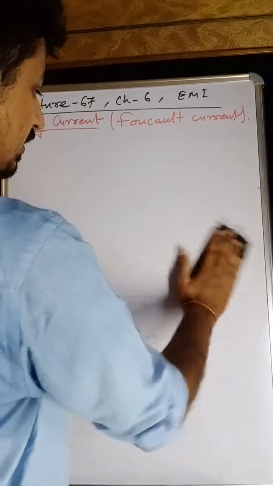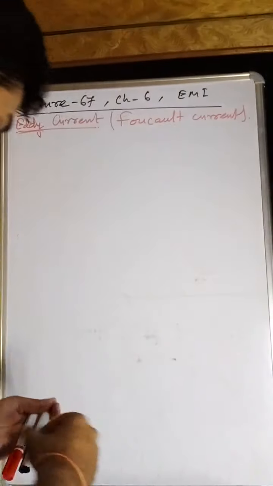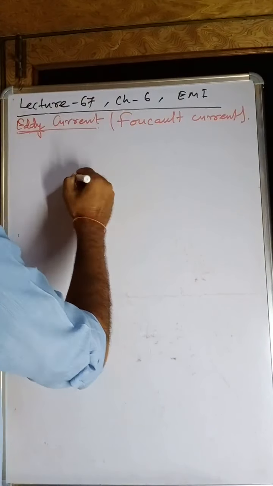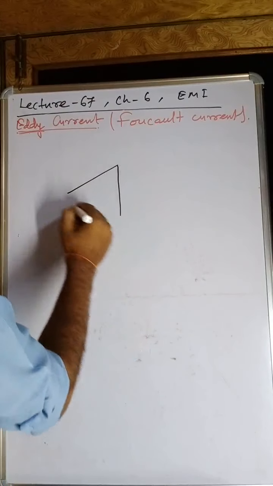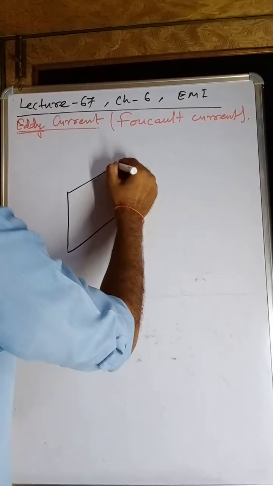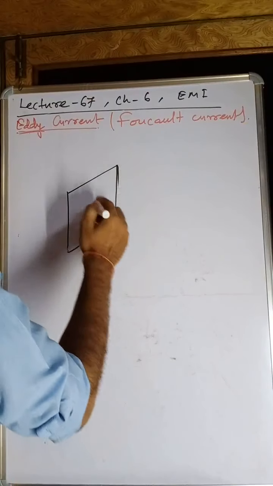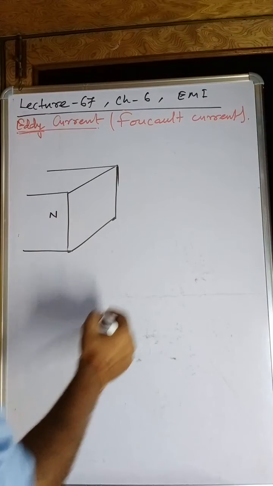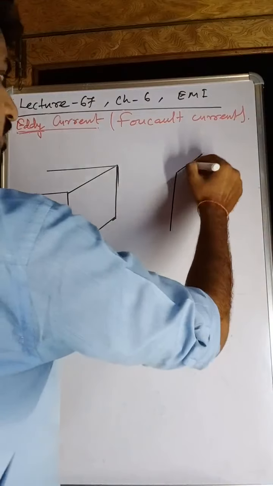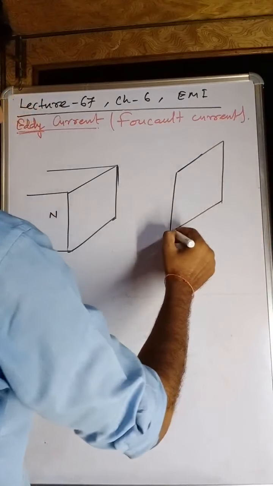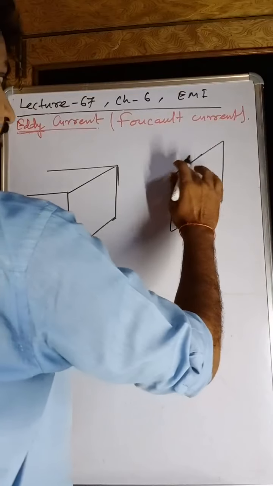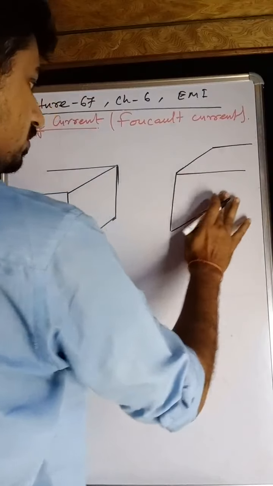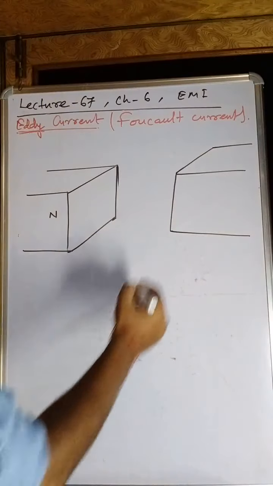Try to understand with this diagram. Here I am having an electromagnet, suppose the north pole, and here it is the south pole.